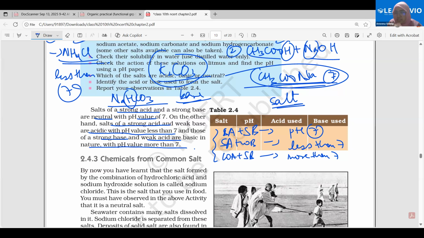Although through these examples I've discussed weak acids, weak bases, strong acids and strong bases, if you would want to write some of them, let me know, I'll dictate them.